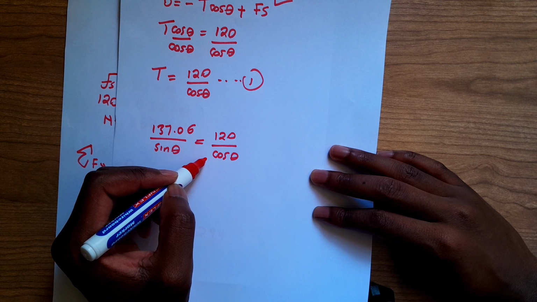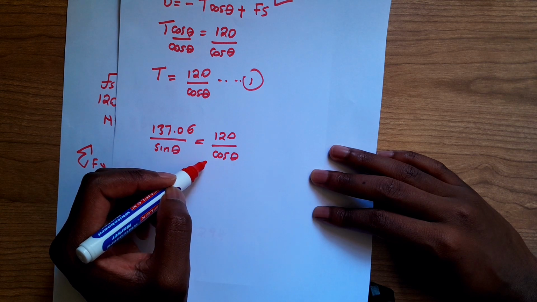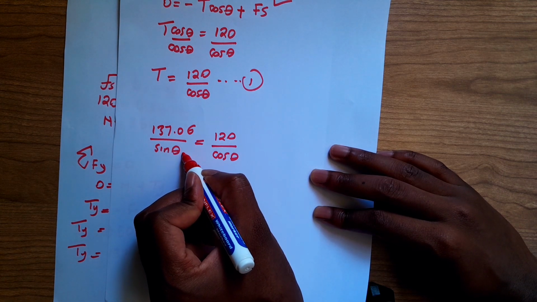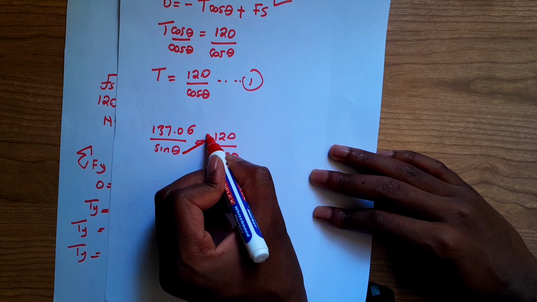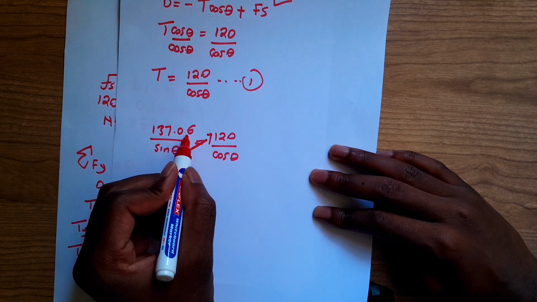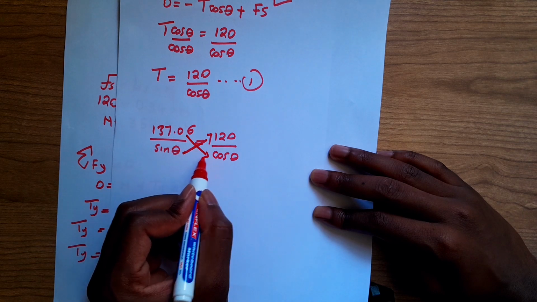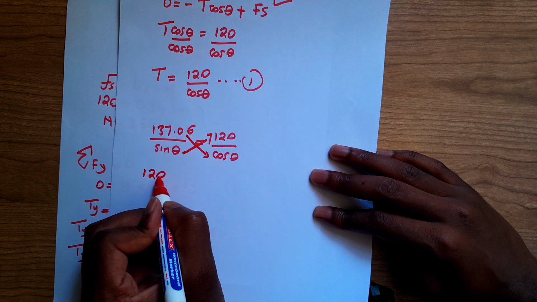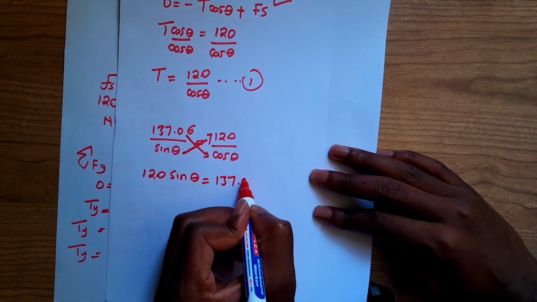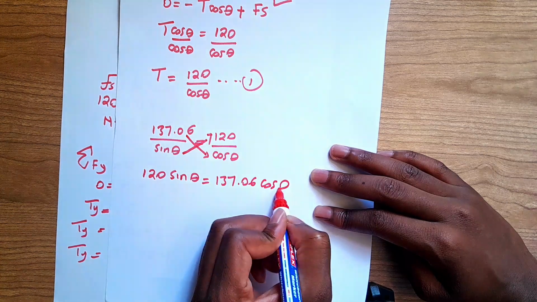I want to make things easy for me, so I'm going to take this sine and cross it here, and take this number and cross it here. So I'll have 120 sine of theta and 137.06 cos of theta.